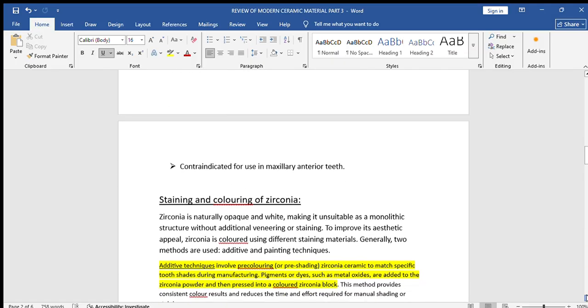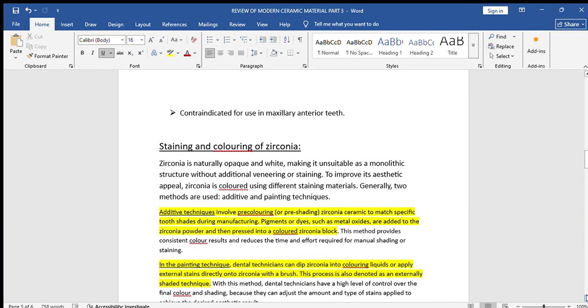Now, staining and coloring of zirconia. We all know zirconia is naturally opaque. So, how will you improve its aesthetics? We can improve the aesthetics of zirconia, despite its opaque nature, through two techniques. One technique is known as the additive technique, and the second is known as the painting technique.